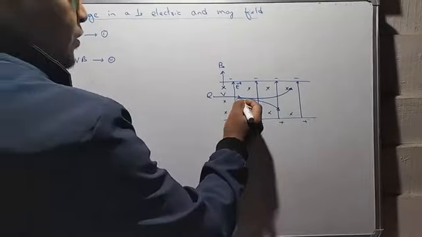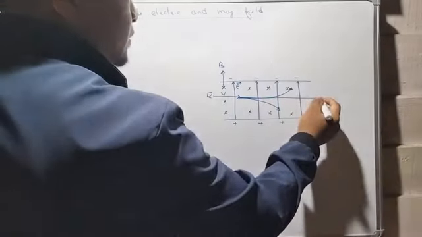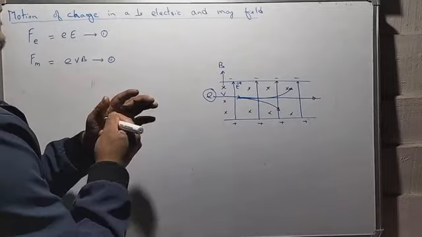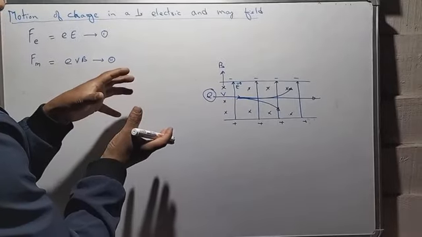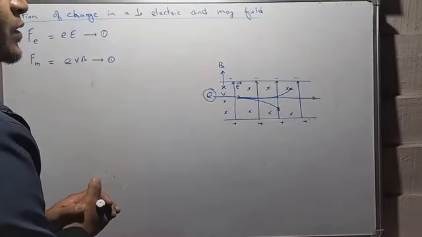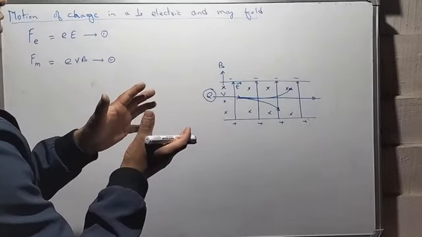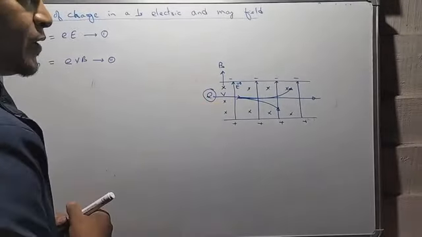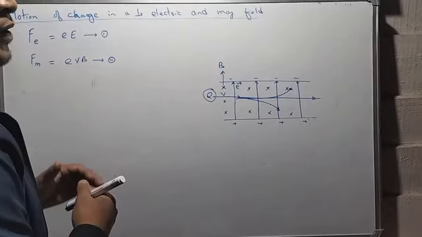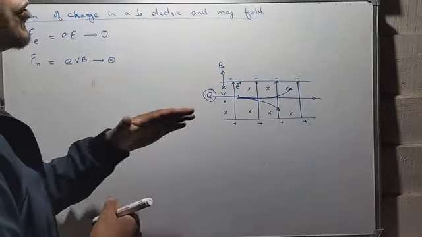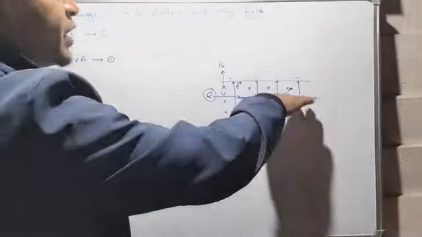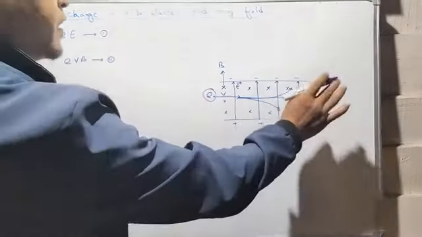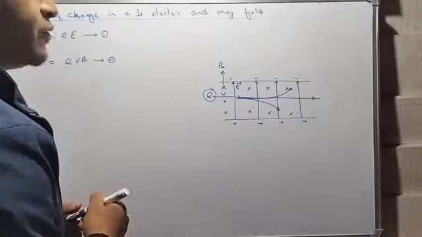But you will also find, suppose this is not just one electron. Suppose I have a beam of electrons entering into the fields. When a beam of electrons enters the region where electric and magnetic fields are present, you will find that some electrons move straight, right from the starting point till they come out of the region.